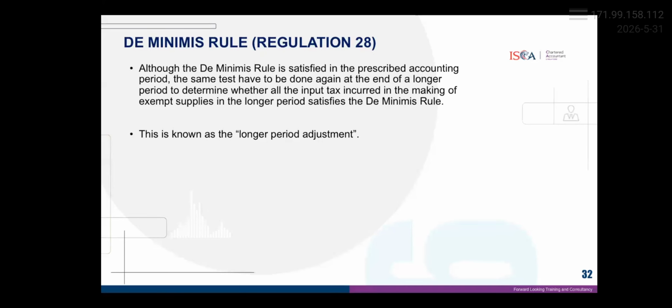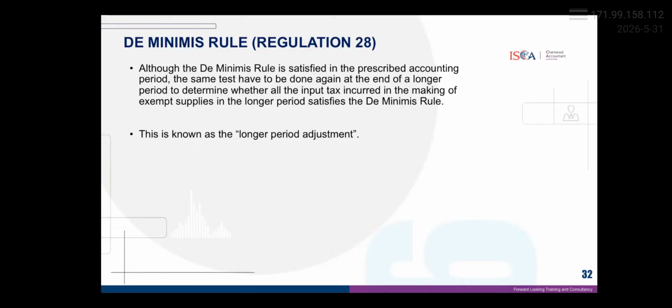Each quarter I will do based on the quarter information whether it's de minimis or not. But at the end of the year, we have to do a longer period determination again, where we add all the 4 quarters together and run this de minimis rule one more time to see whether for the full year we qualify for de minimis as well.